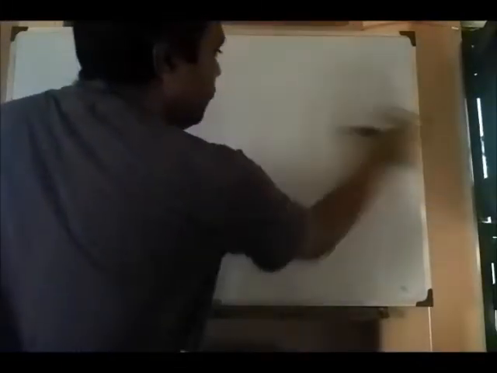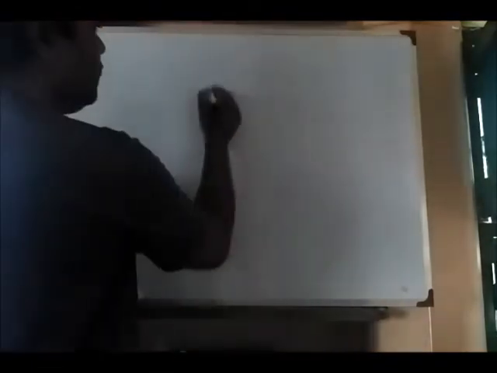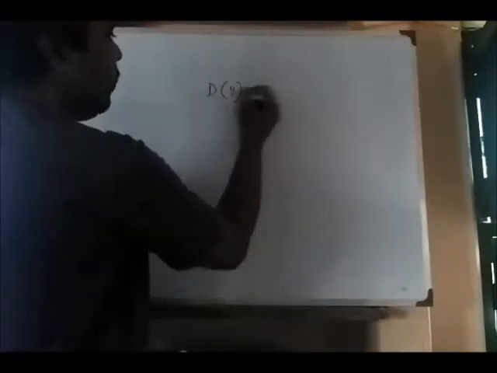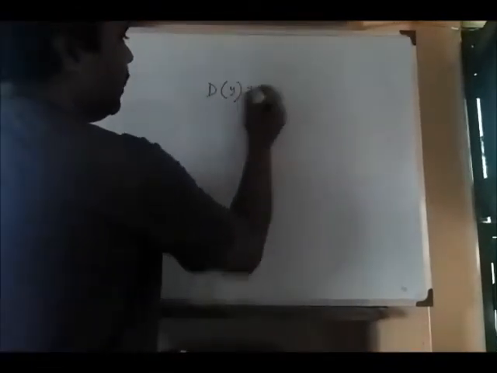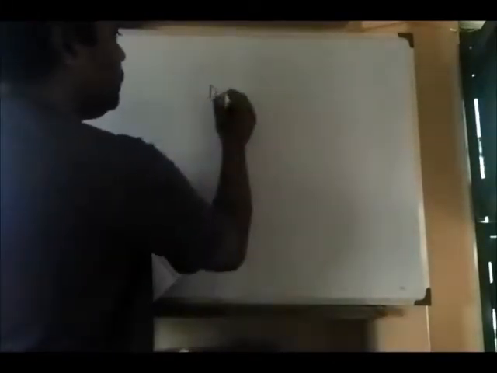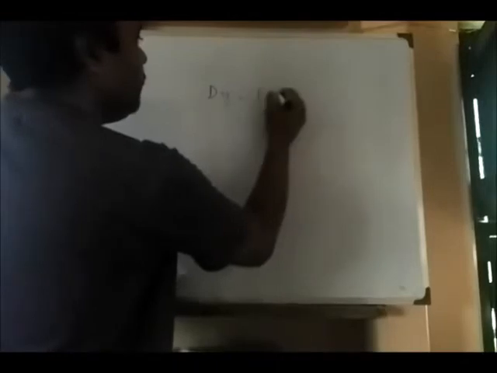But say, for example, we have used a general form of a differential equation. In this case, we are using D of y should be equal to f of x.